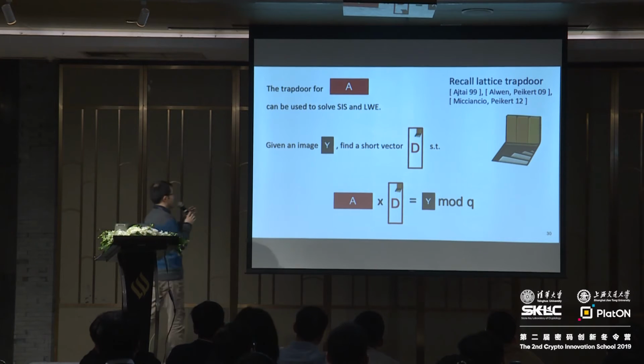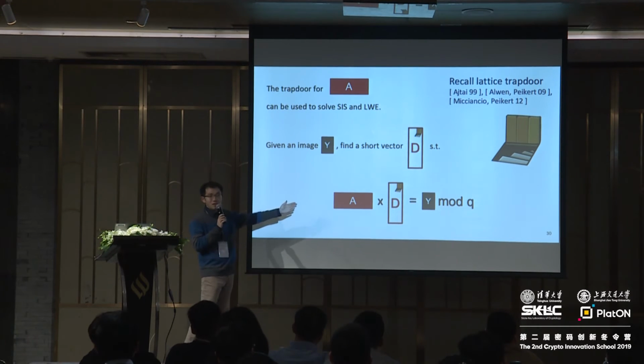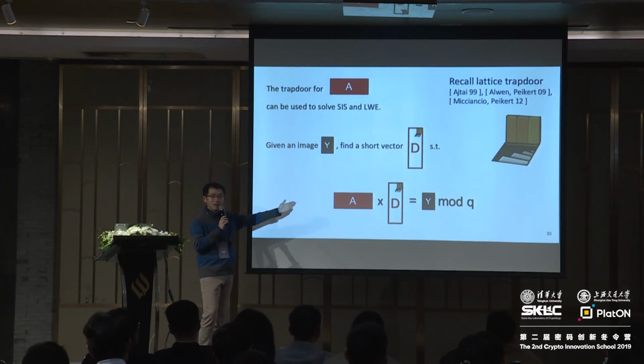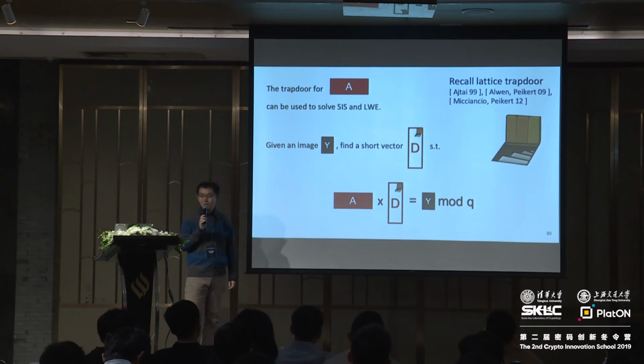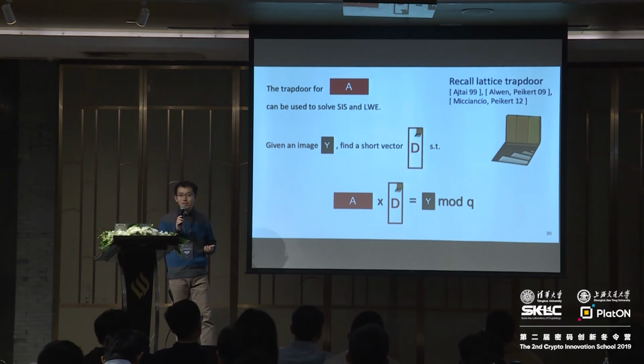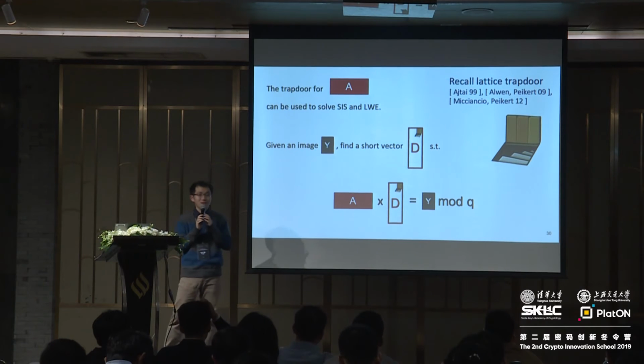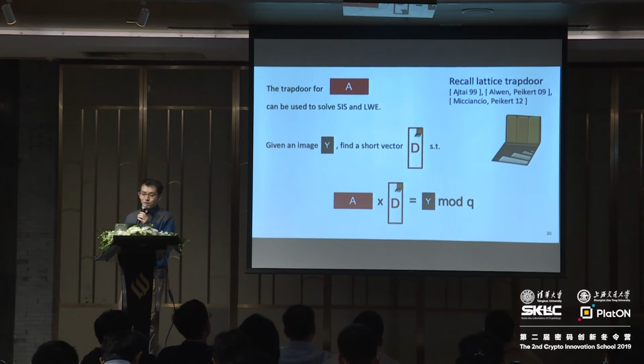You are given the public matrix A, and then you are given the target image Y. You are supposed to find a short pre-image of Y. We know without the trapdoor, if I give you a random matrix A and any target, it's hard to find such a short pre-image. But if you have a trapdoor for the public matrix A, then you can find such a short pre-image efficiently.